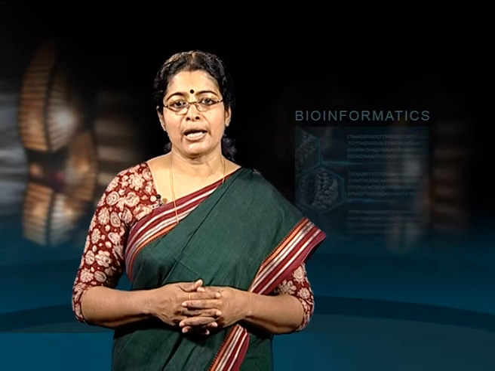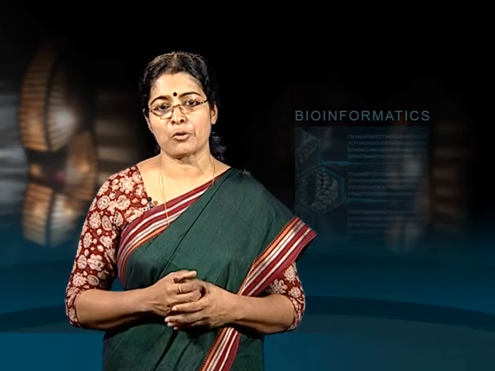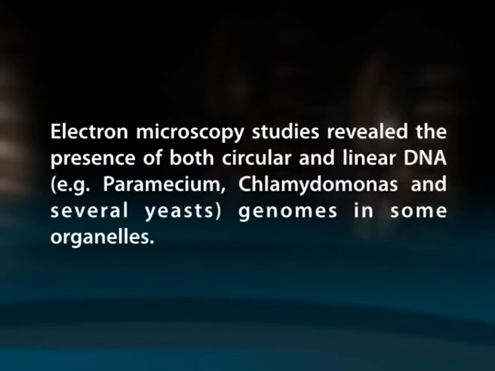Almost all eukaryotes have mitochondrial genomes and all photosynthetic eukaryotes have chloroplast genomes. Initially, it was thought that all organelle genomes were circular DNA molecules. Electron microscopy studies revealed the presence of both circular and linear DNA, for example in Paramecium, Chlamydomonas and several yeast genomes.